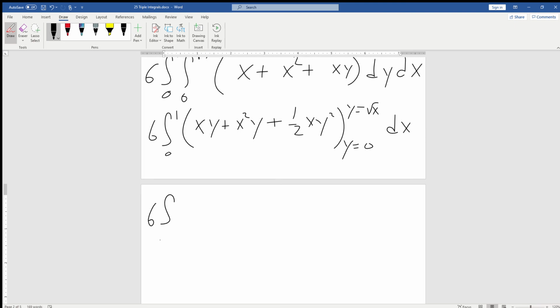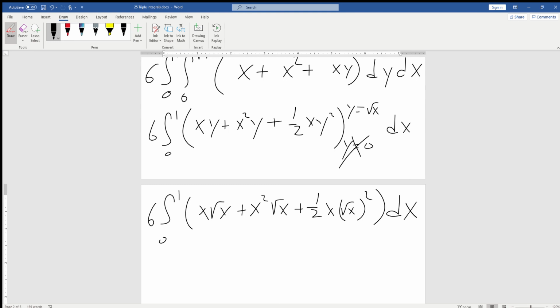6 integral, 0 to 1. Now again, 0 is inconsequential because we have a polynomial. So we're going to write this now as x root x plus x squared root x plus 1/2 x root x squared dx.